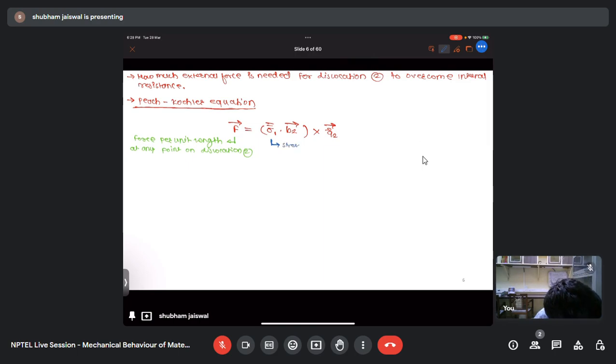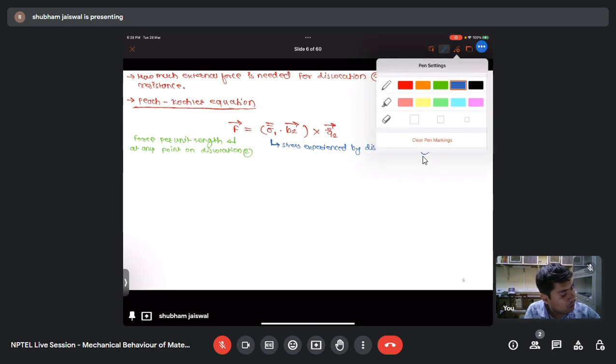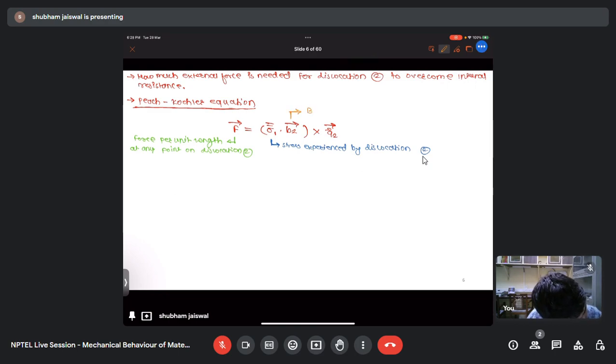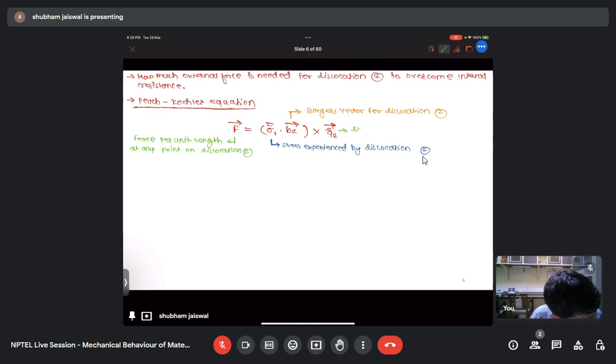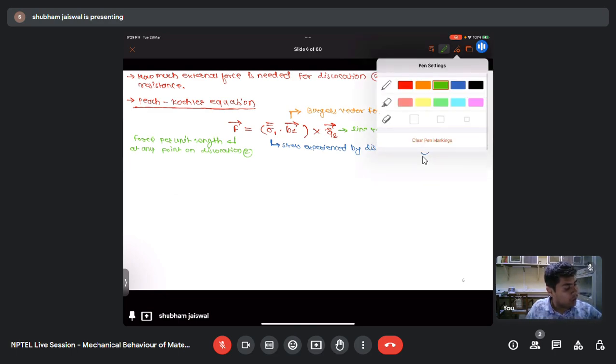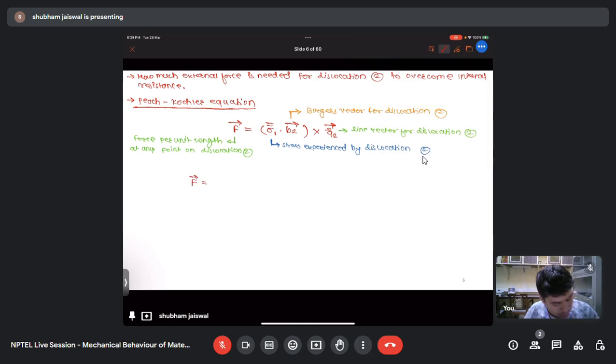And b2 is the Burgers vector for dislocation 2, and zeta is the line vector for dislocation 2. Okay. So we can write this equation as follows.